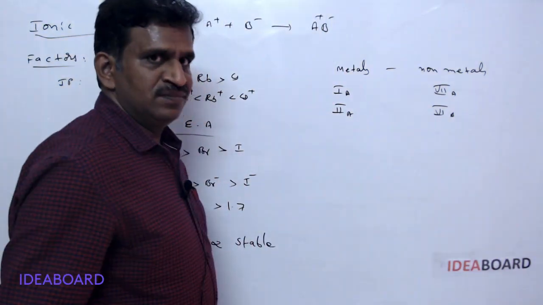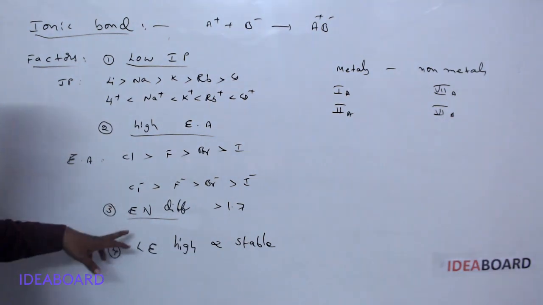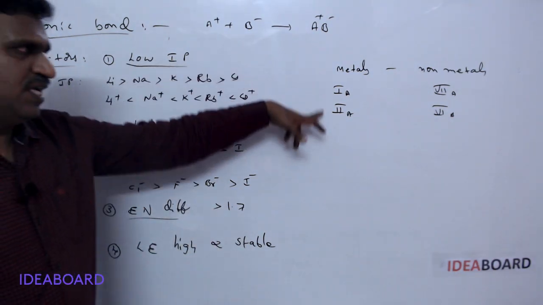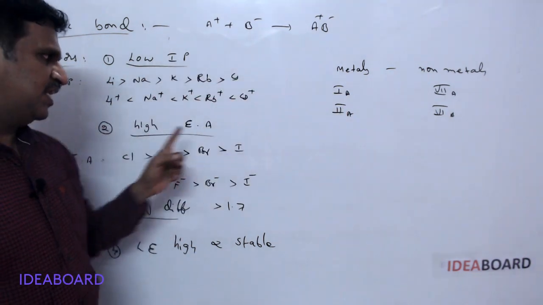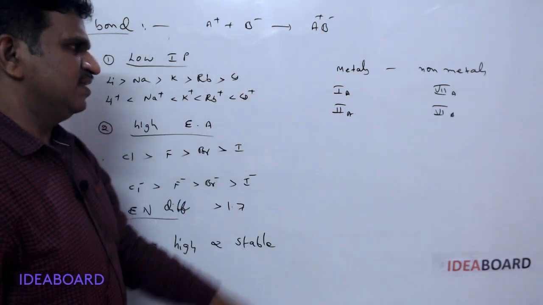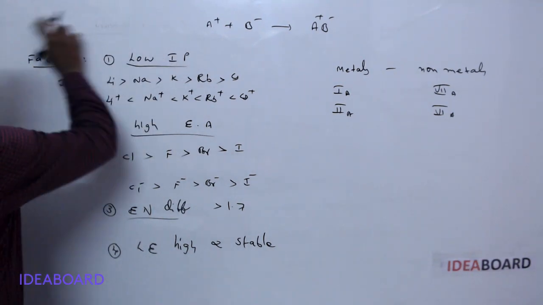Between these elements, the electronegativity difference is greater than 1.7, and these metals have low IP values and those non-metals have high electron affinity values. So they form ionic bond mainly. Okay, this is ionic bond formation and the factors of ionic bond formation.